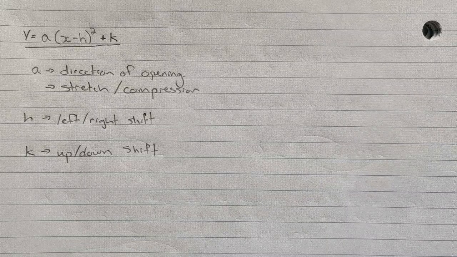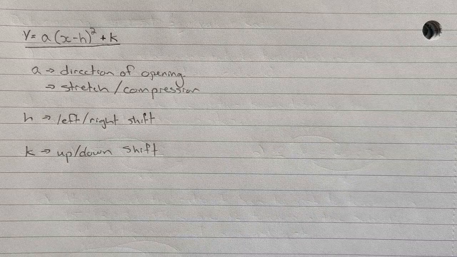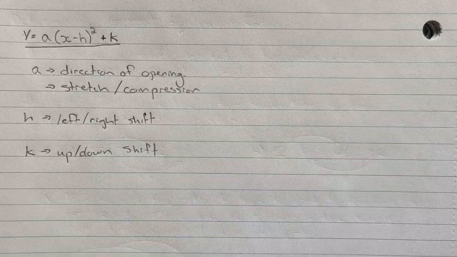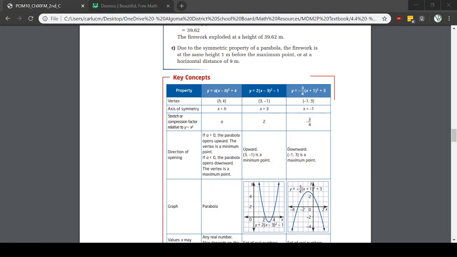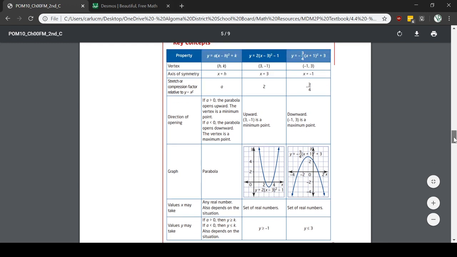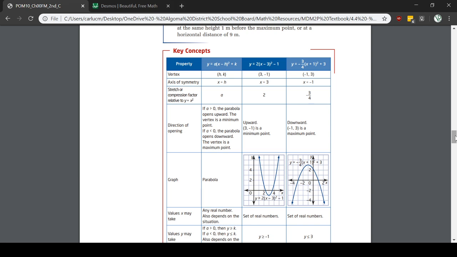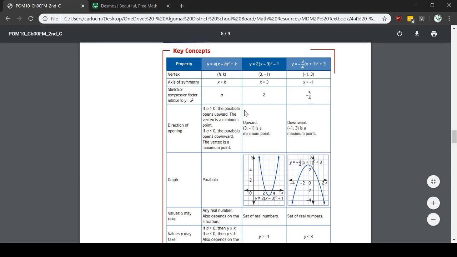A good resource to look at, flip over to the textbook here. The key concepts, just before the questions start, has a nice chart that tells you all the key information based on y equals a(x minus h) squared plus k.